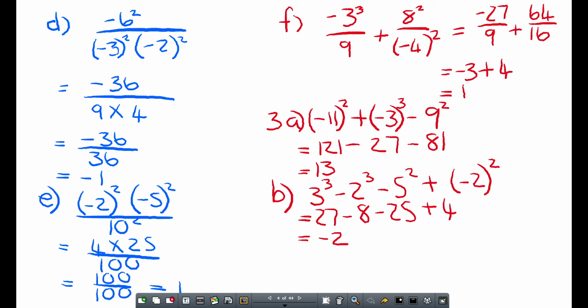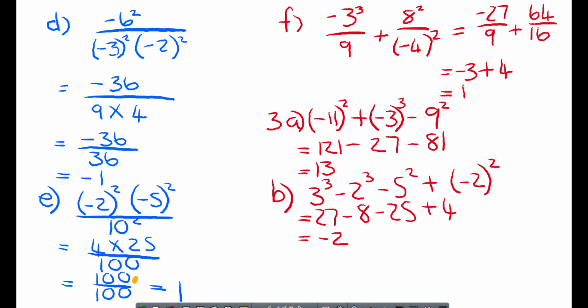At the bottom, 10 to the power of 2 is 100. Now at the top, I first have to multiply these two. And 4 times 25 gave me this 100. And at the bottom, we did actually have 100. And when it's the same at the top and the bottom, that will be equal to 1. Okay.